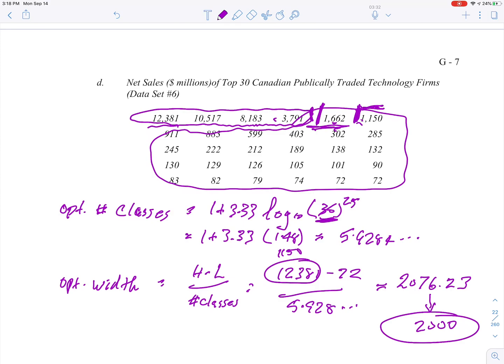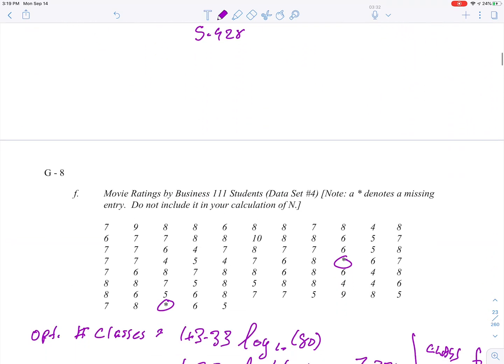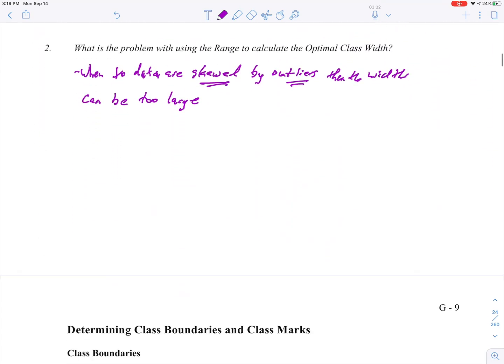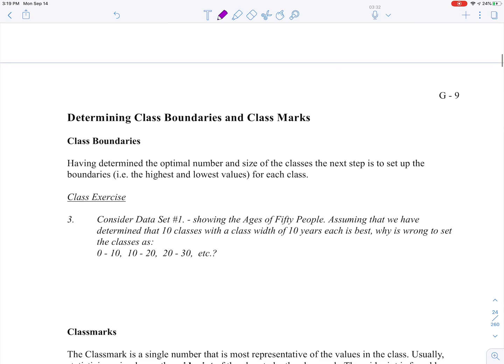If you were to make a table, you would end up with 39 people in the first class, and then frequencies of 0, 0, 0, 0, 0, 0, 0, all the way up to the last one, which is Bill Gates' class, which has 1 person in it. So again, that is an outlier. You would knock him out, and then you would calculate the number of classes differently. And then you just note him as an outlier.